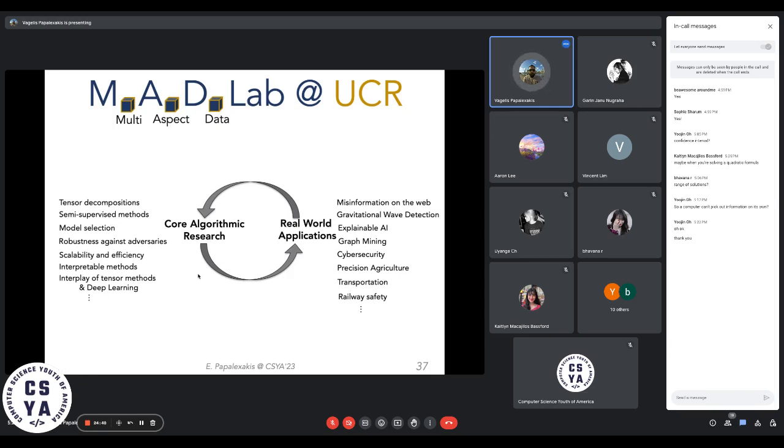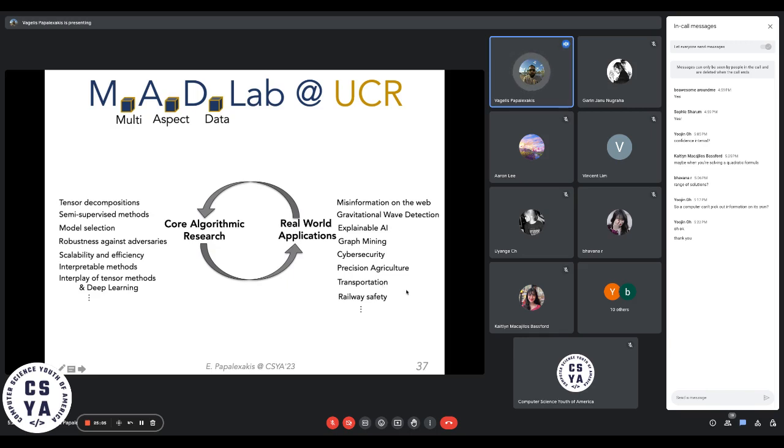research in modeling, representing and analyzing those heterogeneous, complex, multi-aspect data sets, and applying all those algorithms to a number of high-impact real-world problems, including misinformation on the web, a bunch of applications that have to do with physics and gravitational wave detection, and precision agriculture.